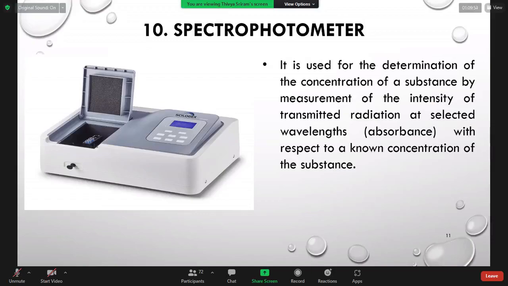With that, we can draw a graph using the concentration as well as the absorbance. Then we can draw a straight line graph. Then we can identify the unknown concentrated sample through that created graph.